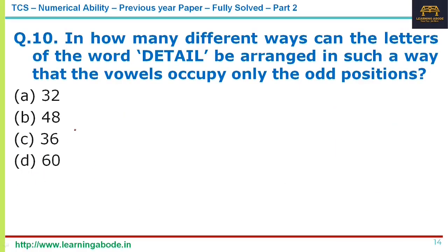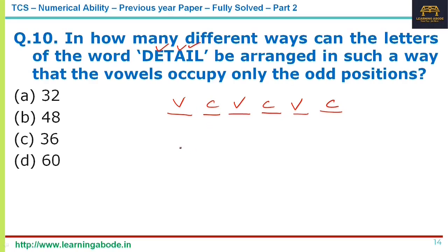Number 10. This is a very easy one. You have a 6-letter word and you want to have the vowels occupying the odd positions. What are the vowels here? E, A and I. So you want to have a vowel in the odd positions, which means the consonants will occupy the other 3 places.